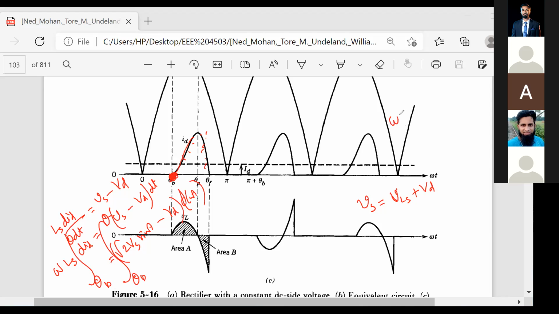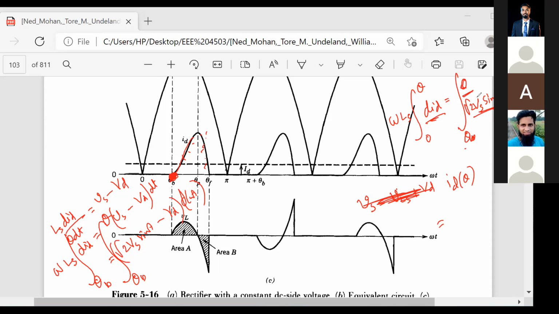So omega LS, integrating ID from 0 to theta, then the limits are theta b to theta. Theta means we are just putting the general equation. So this will be your ID of theta, right? ID of theta you just integrate and then put in theta b and this theta.